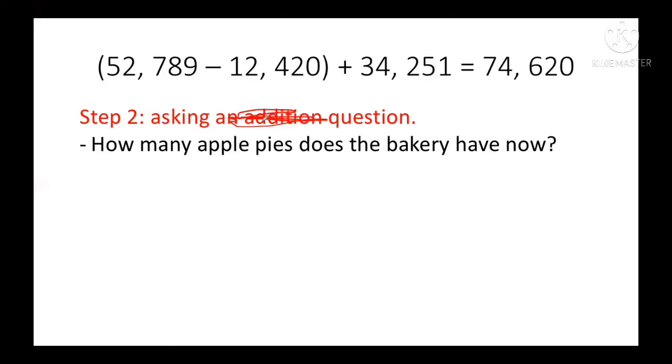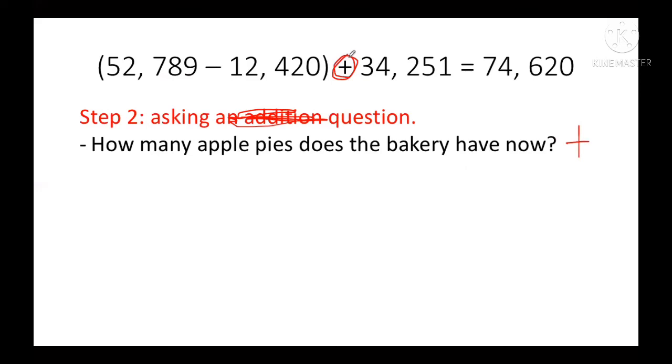Since we don't have a word clue, if you read and understand the question, that means our last operation is plus.